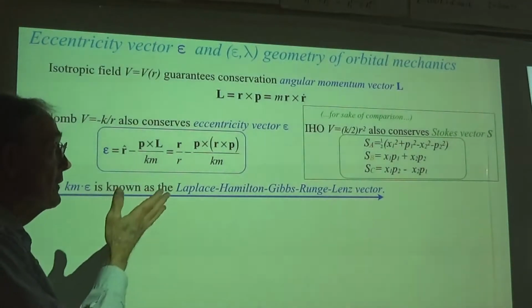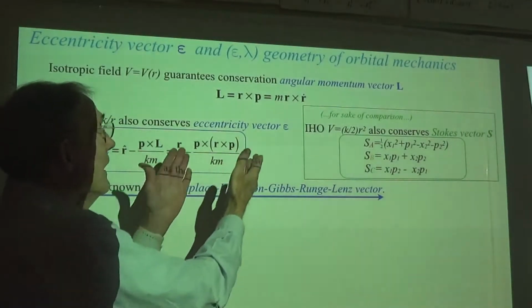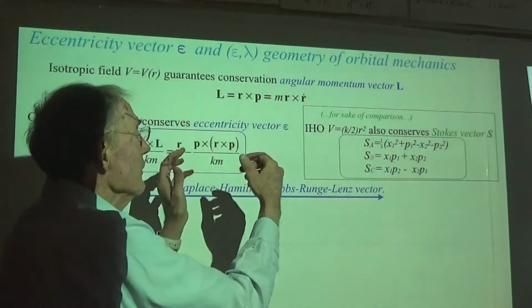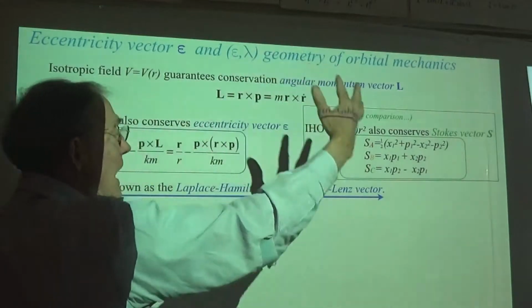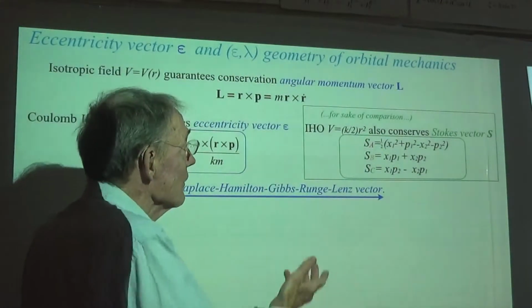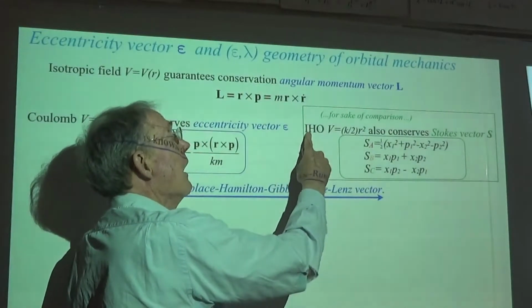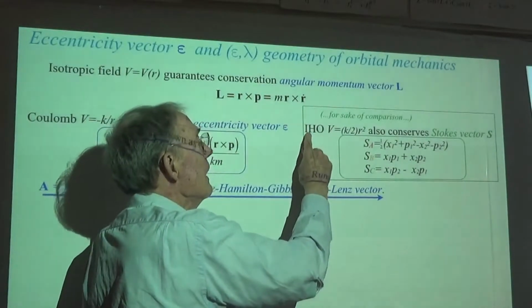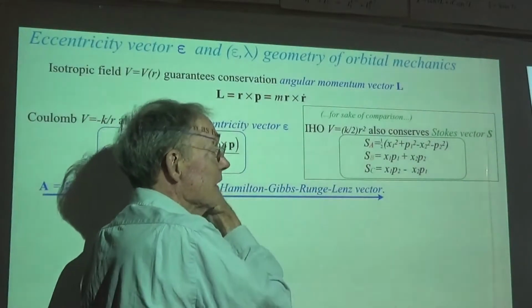But I want to make the comparison between this extra conserved thing, and this is for the Coulomb field outside of the Earth, and now back to sophomore physics Earth. Inside the Earth we have the three-dimensional, actually, but we've mostly kept the two-dimensional isotropic harmonic oscillator.